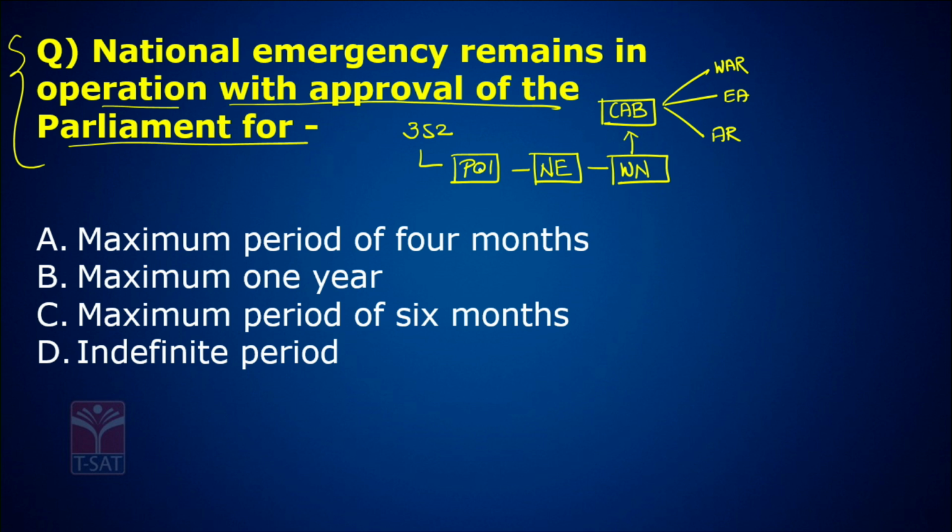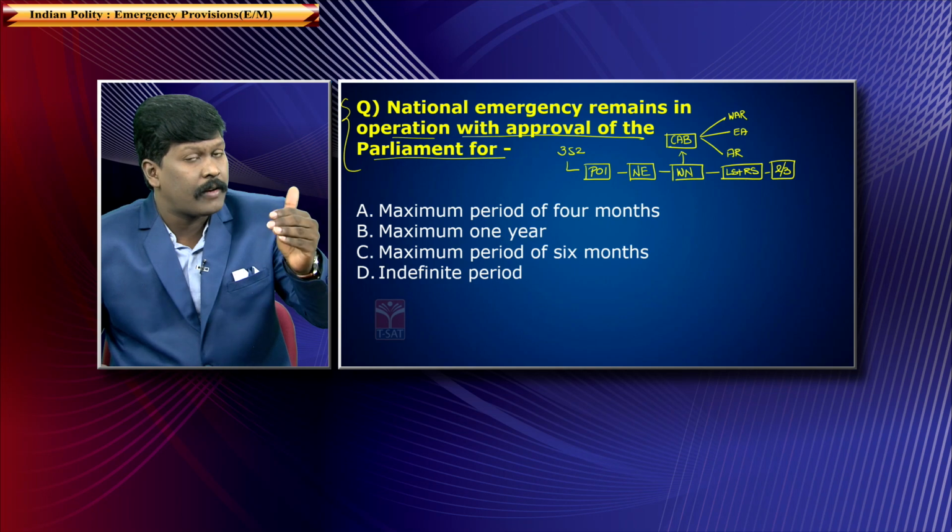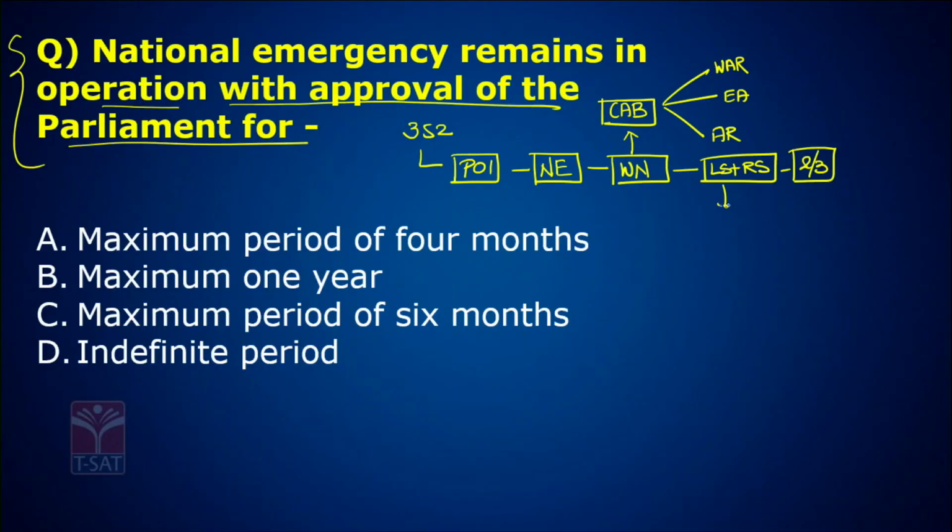After the President's proclamation of the national emergency, the emergency continues when both Lok Sabha and Rajya Sabha accept it by 2/3 majority. When they accept the national emergency, the emergency continues for 6 months. To continue further for 6 months, a fresh resolution has to be accepted by Lok Sabha and Rajya Sabha again.